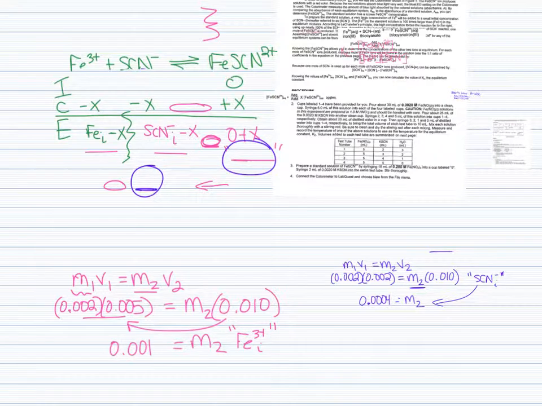So what I have is 0.001 for my iron, and my thiocyanate, I have 0.0004. Oops, forgot a 0. There we go. Okay.